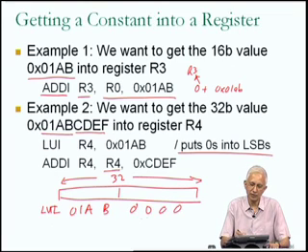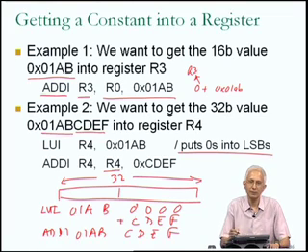The add immediate instruction is adding C, D, E, F to this, so that the net effect is that after the add immediate instruction, I have 0, 1, A, B, C, D, E, F in the register.